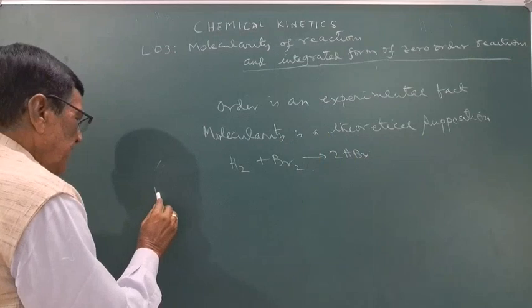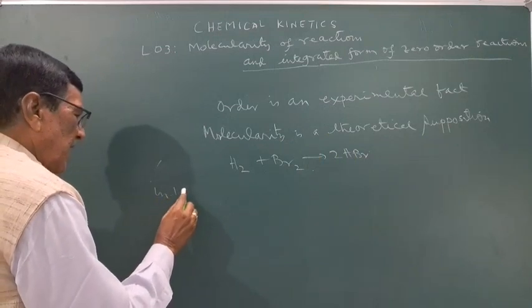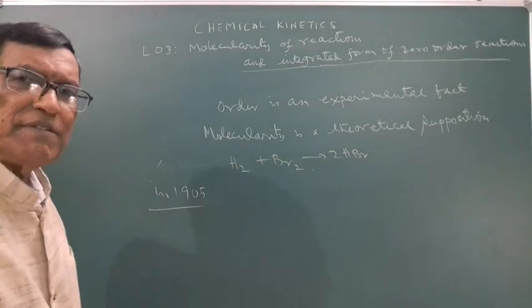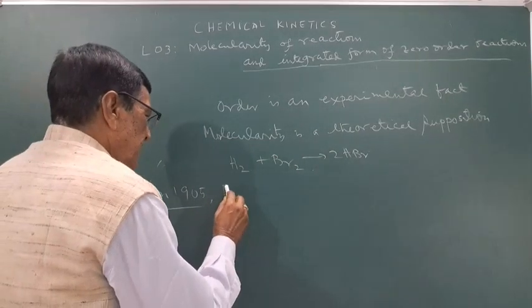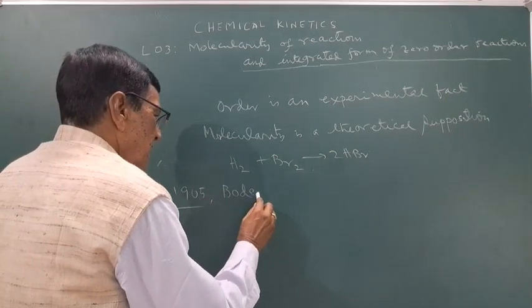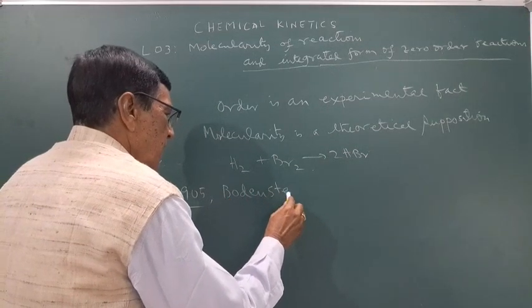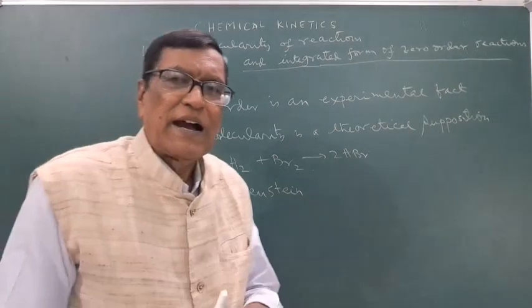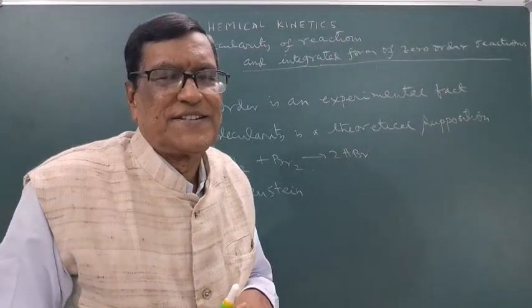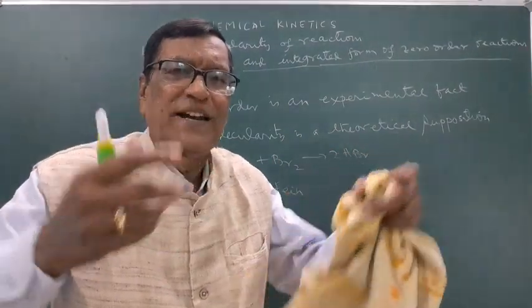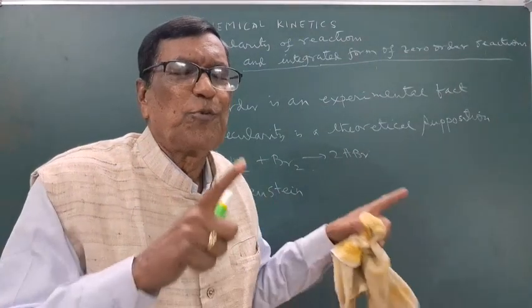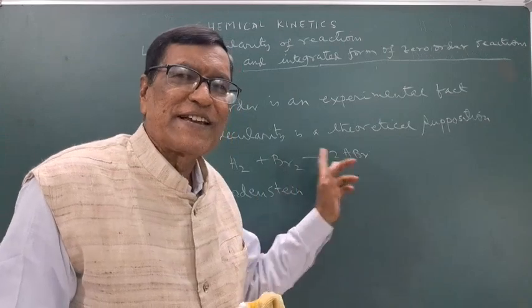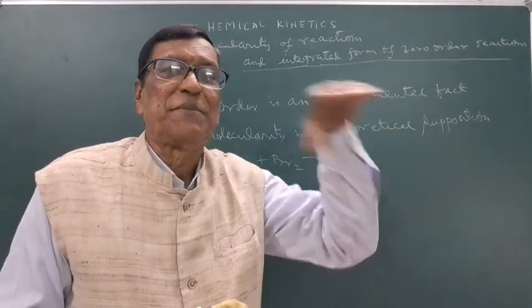In 1905, Bodenstein, after long research and experimental data, proposed the rate equation for this reaction following the chain mechanism.